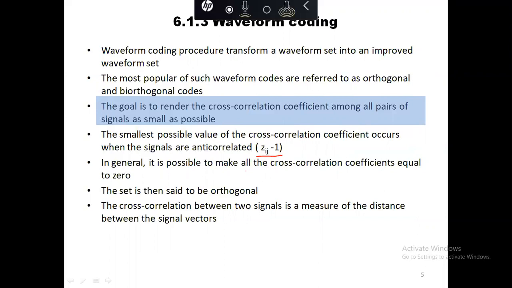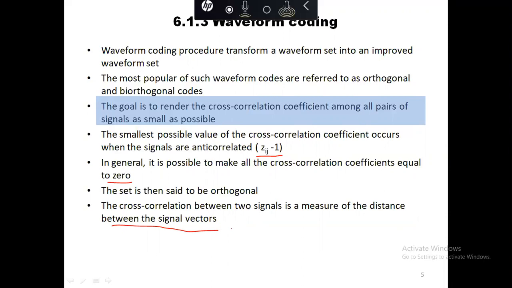It is also possible to make all cross correlation coefficients equal to 0, just like in orthogonal. So the cross correlation between two signals is a measure of the distance between the signal vectors.